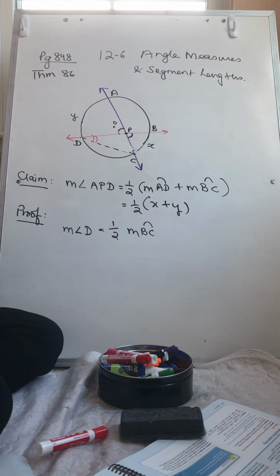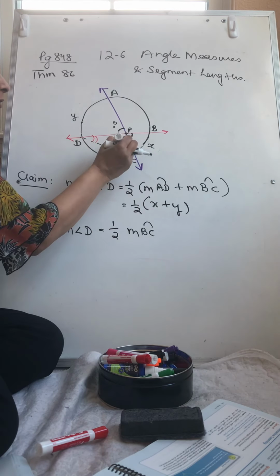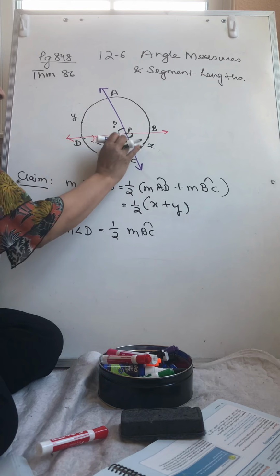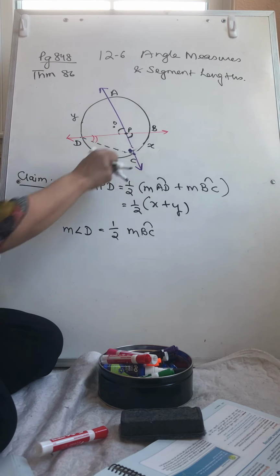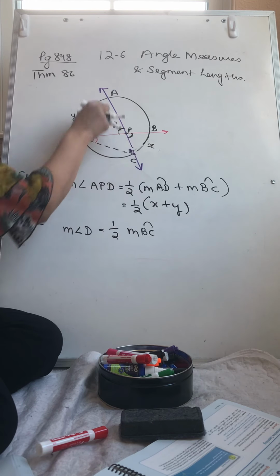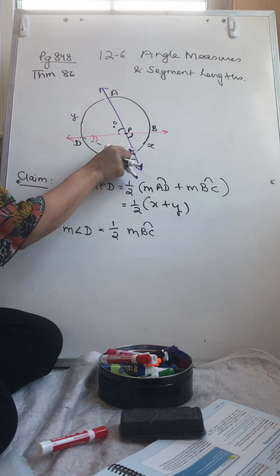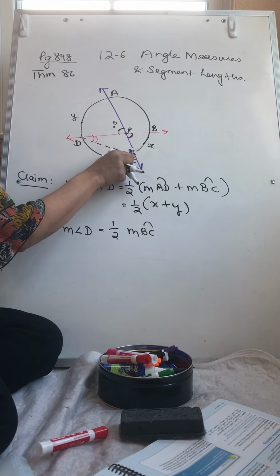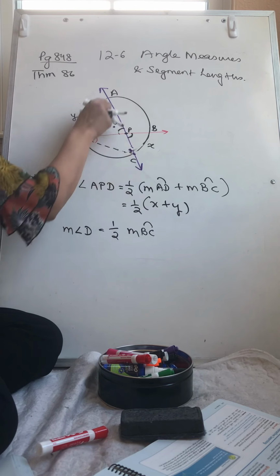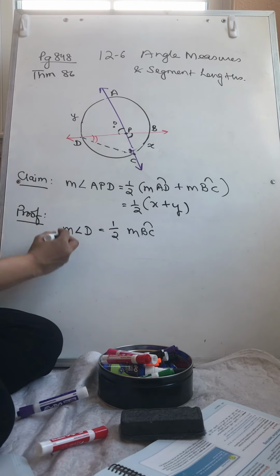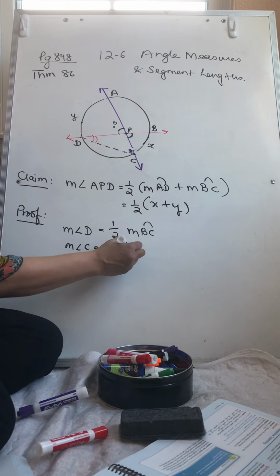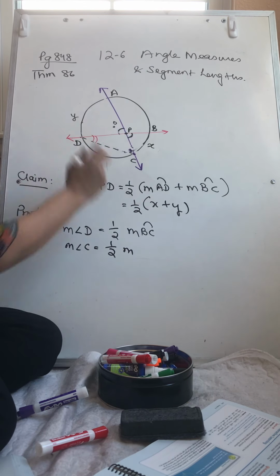This angle here is intercepting this arc. Again, it's an inscribed angle because its vertex lies on the circle. So this angle will be half of this arc. Let me just call it measure angle C is half the measure of arc AD.